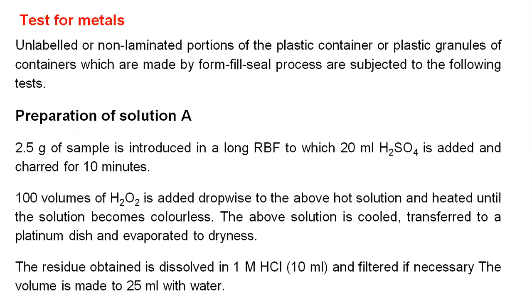The above solution is cooled and transferred to a platinum dish and evaporated to dryness. The residue obtained is dissolved in 1 molar HCl, that is 10 ml, and filtered if necessary. The volume is made to 25 ml with water.